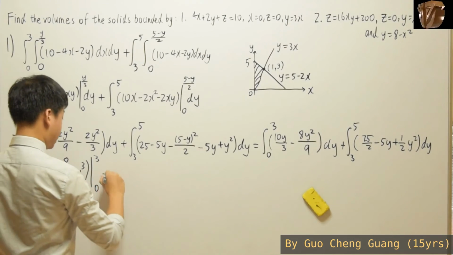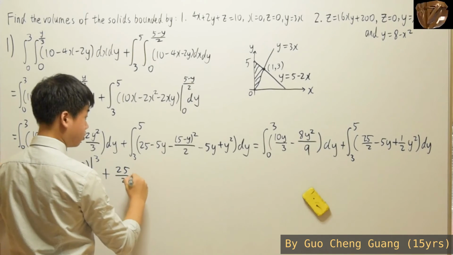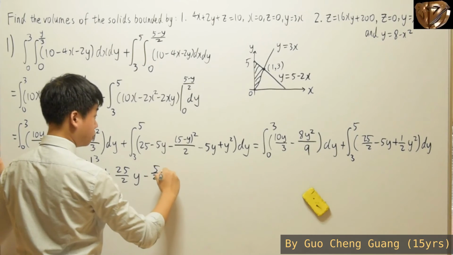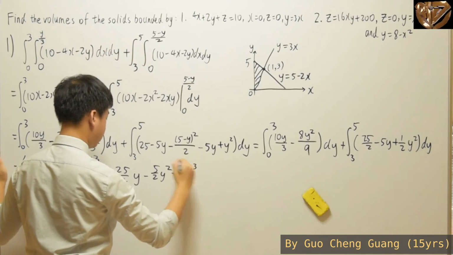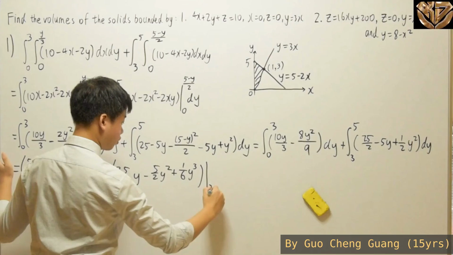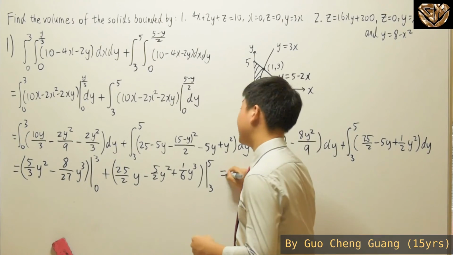And for the last integration, you're going to have plus 25 over 2y and then minus 5 over 2y squared plus 1 over 6y cubed. Then you substitute in the values from 3 to 5. Right, so now we're left with the last step of just substituting in the values.